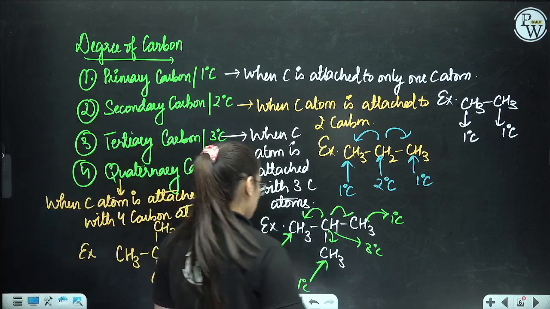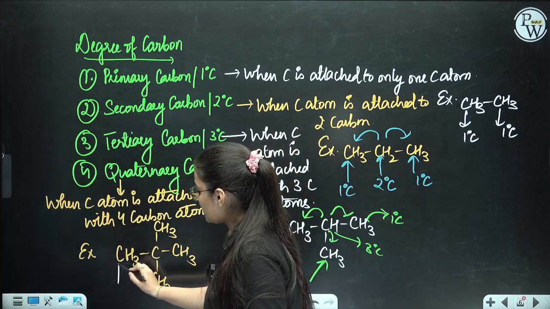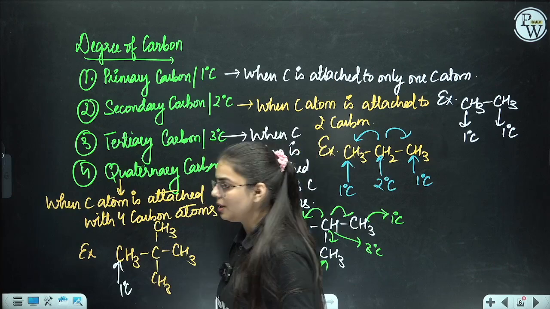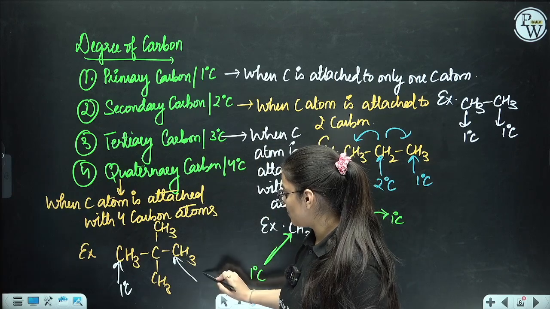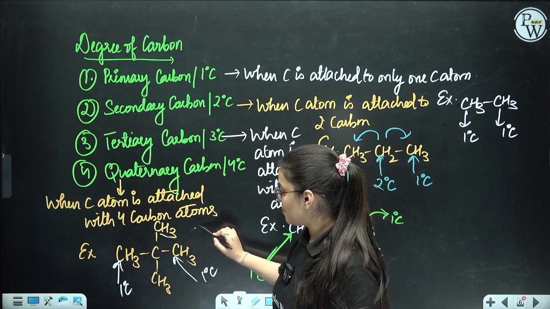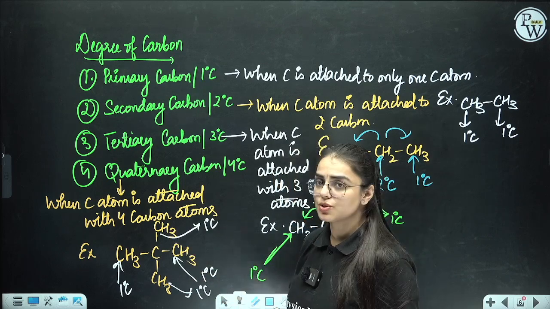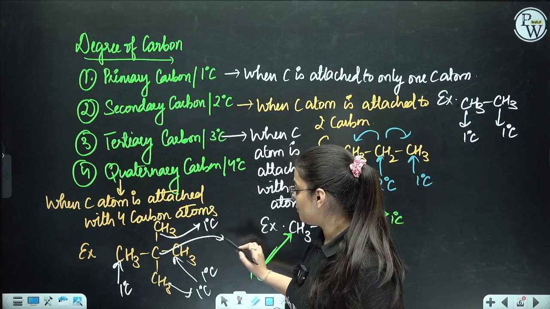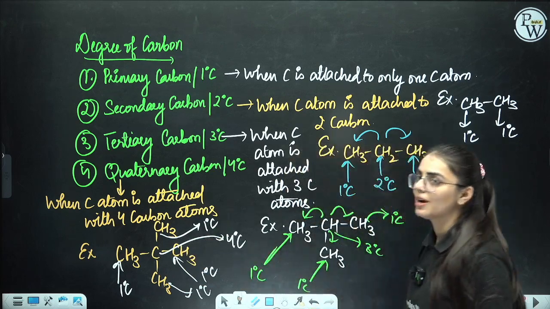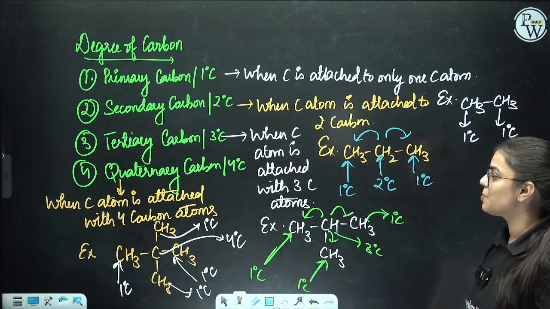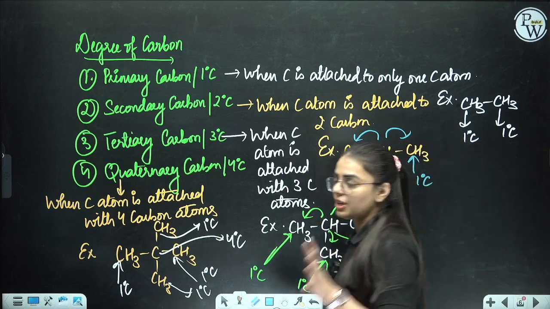So this is your example over here. Just see students, this carbon atom is linked with one carbon, so it is 1 degree. The same for the next three carbon atoms, each linked with one carbon, so 1 degree. This carbon atom is linked with 4 carbons, so it is 4 degree or quaternary carbon. Clear with this part? Very easy. Everyone write down the degrees of carbon.